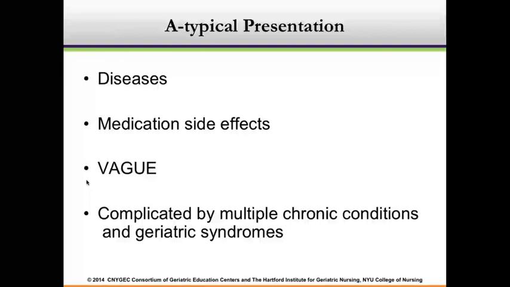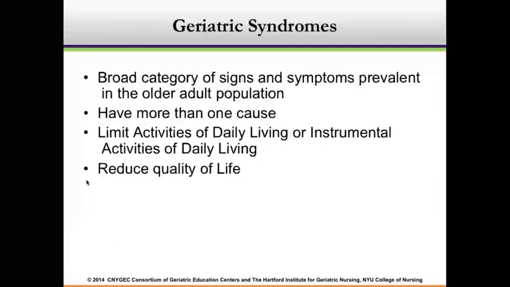And for many older adults, their main complaint is there is this vagueness in how they feel. They just don't feel good. And so it's very hard to diagnose often what's going on with them because they cannot communicate well about what's going on with their bodies. And so there are complicated multiple chronic conditions and geriatric syndromes that again complicate their lives and complicate communication.